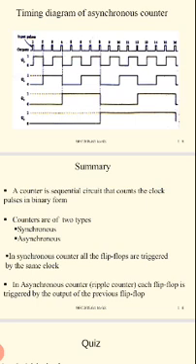And we discussed the difference between synchronous and asynchronous counters.